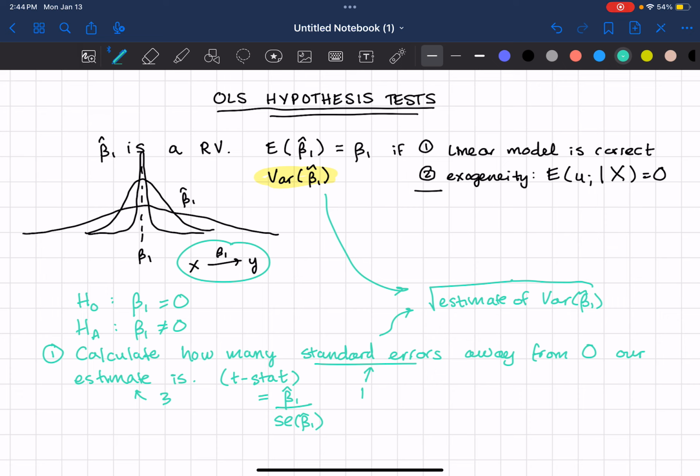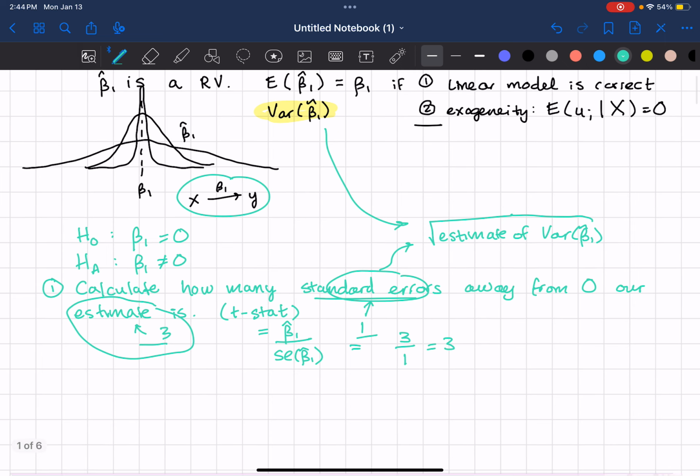So in this case, if our estimate is 3 and we get 1 for the standard error, that would be equal to 3 divided by 1, which is 3, which says that given our standard error of 1, we're 3 standard errors away from 0. So that would be the t-stat in that example.